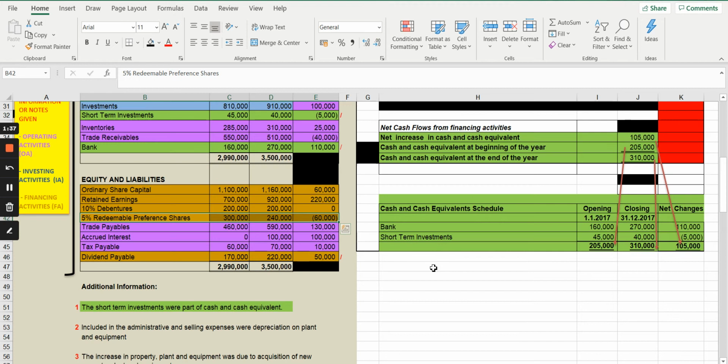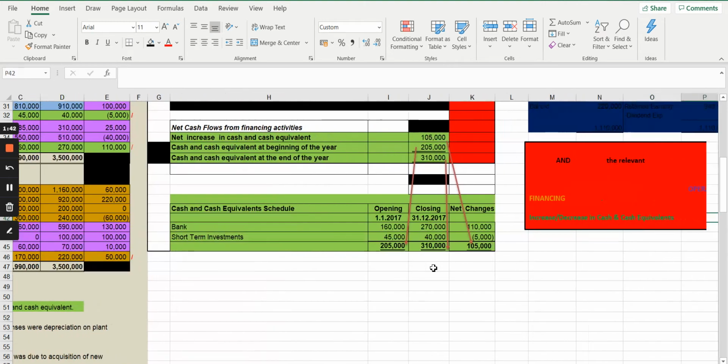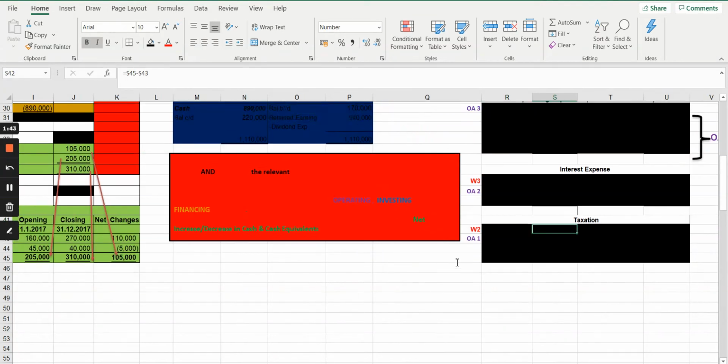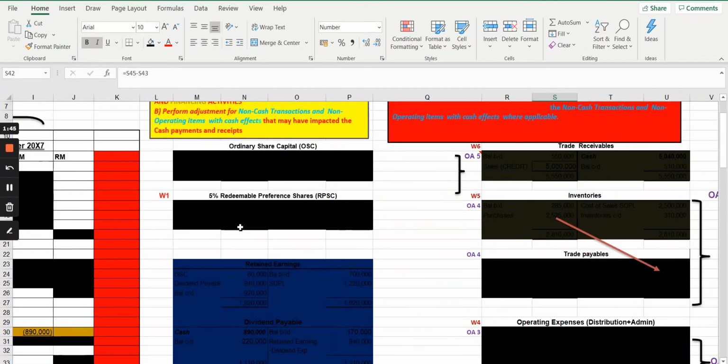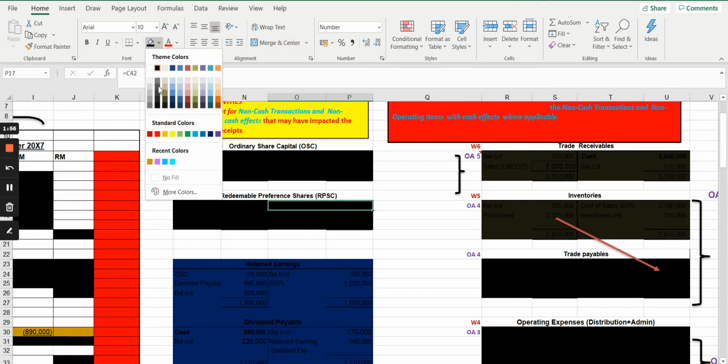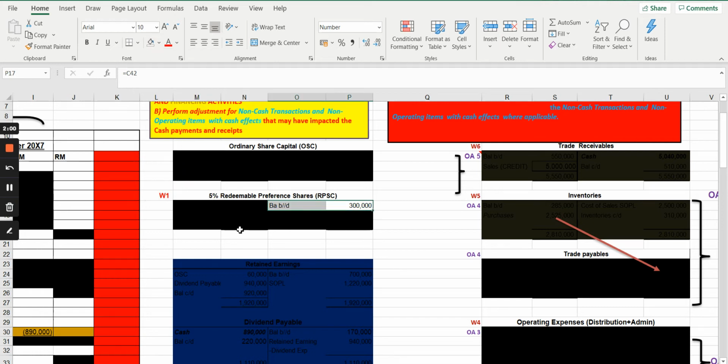Now, for your information, if there is a redemption, normally there will be an outflow of cash to pay the preference shareholder. So if you look at what I prepared for you, what you need to do first is open up your account and put the balance at the beginning of the year, and then the balance at the end of the year.